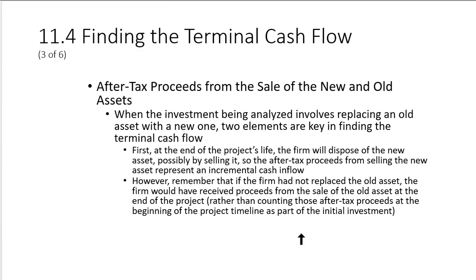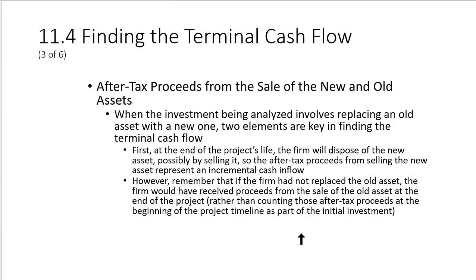Again, coming back just to remind us, it's the after-tax proceeds from the sale of the new and old assets. We have to obviously understand the book value. We need to understand the process of eliminating assets. So what we're going to predict is the actual selling price of an asset sometime in the future. Now that's very difficult to do, but we have to have some kind of a number.